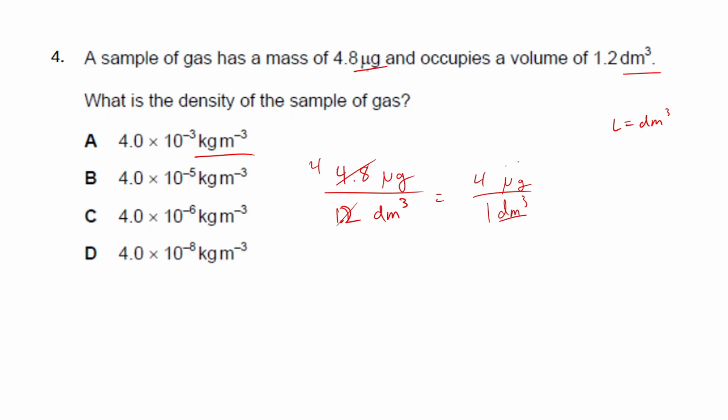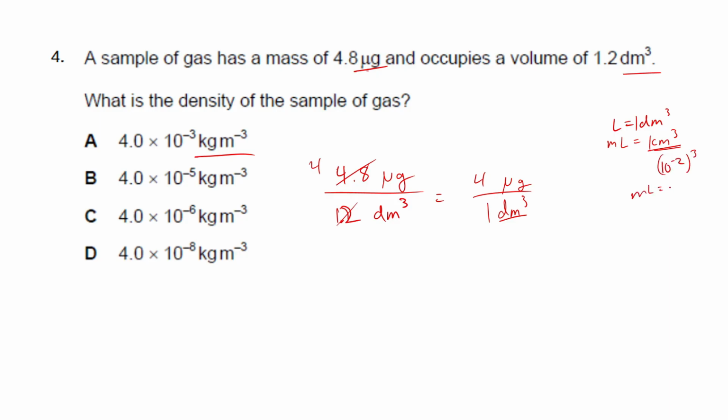And then you know that milliliters would then be equal to centimeters cubed, I think. Yes, so centimeters cubed is like 10 to the negative 2 to the third power.